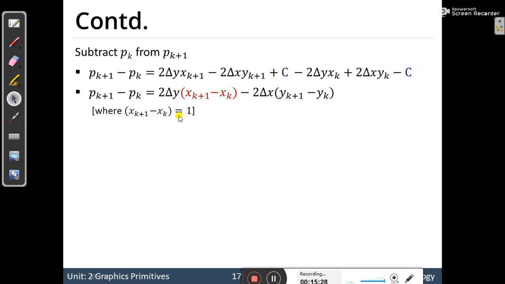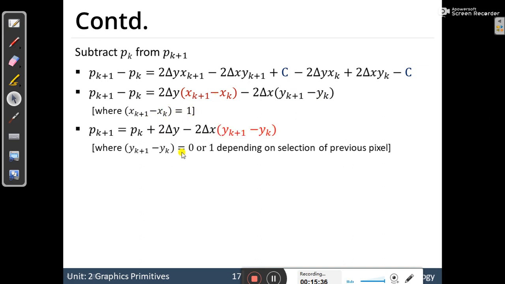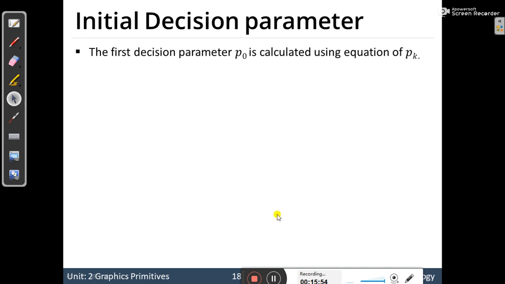Here xk plus 1 minus xk equals 1, because this is one pixel. This difference will always be 1. So it will become like this: pk plus 1 equals pk plus twice del y minus twice del x times yk plus 1 minus yk, where yk plus 1 minus yk equals 0 or 1 depending on the selection of the previous pixel. That is the decision factor here.